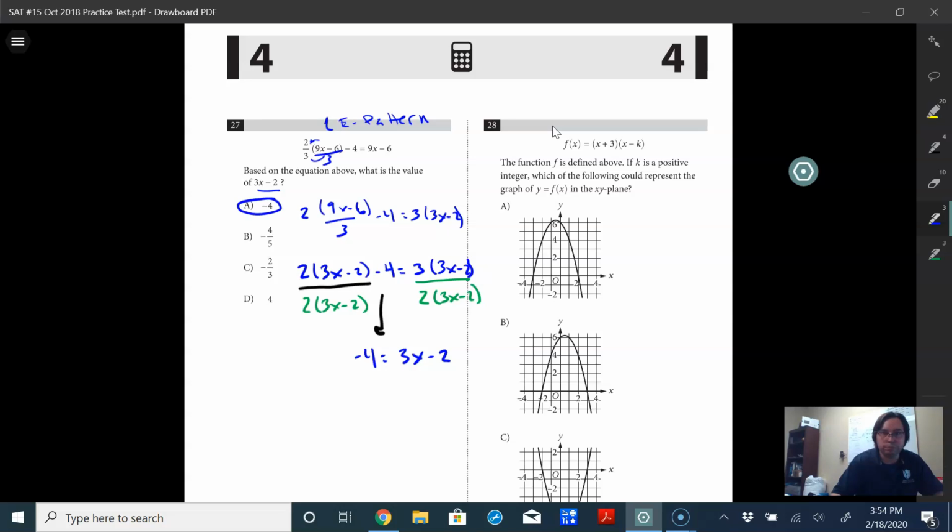The other thing you can try to do, which again is not a very easy one, is take these whole number values and plug them in, so a second approach could be the trial and error approach. Well, quite honestly, I'm sorry, that won't even work here because we have the 3x minus 2.